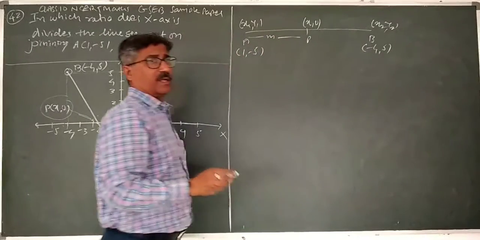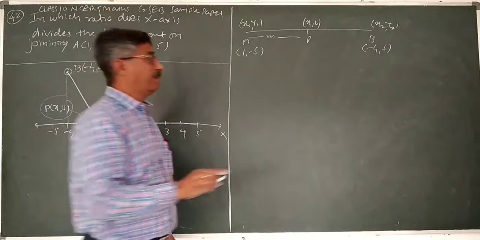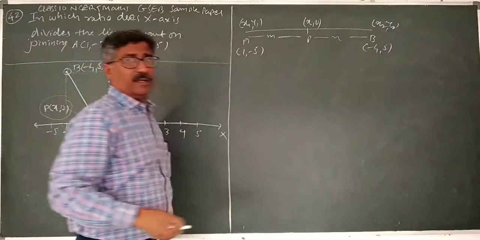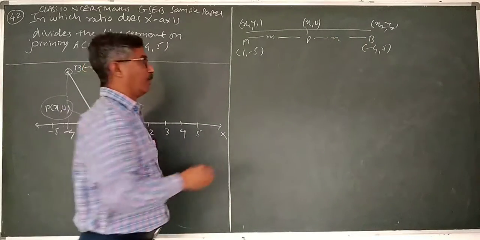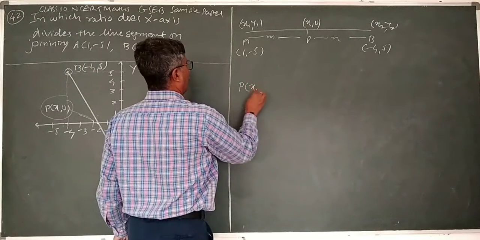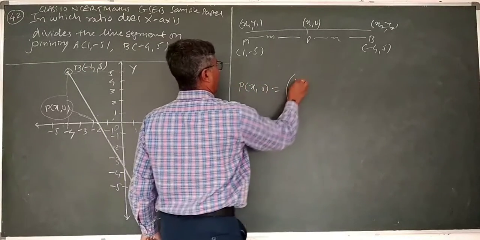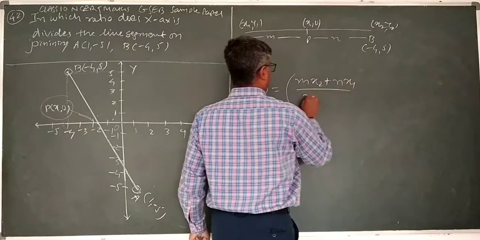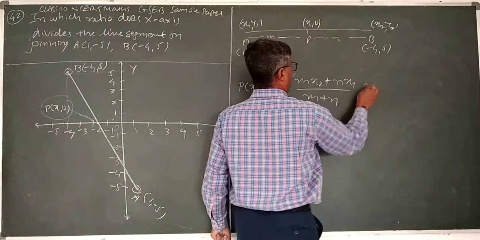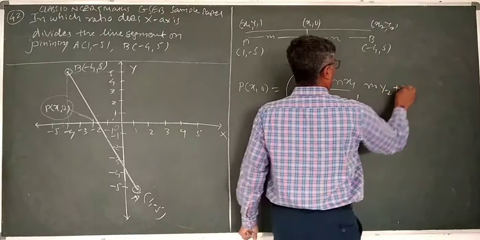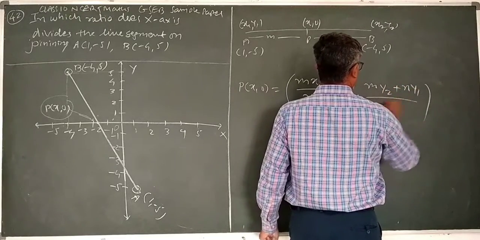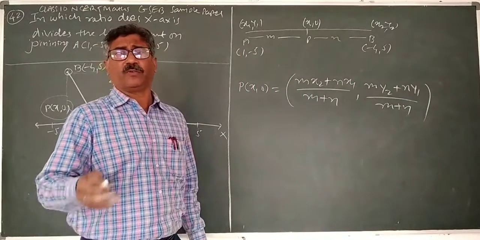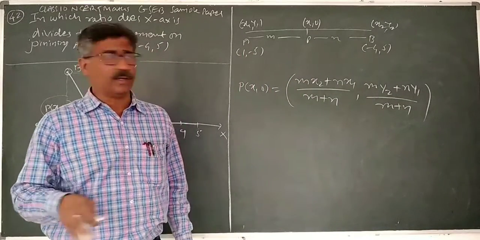Let us suppose AP is m and PB is n. According to the section formula, P(x, 0) is obtained by (mx2 + nx1)/(m + n), (my2 + ny1)/(m + n). Here we need to find m is to n.